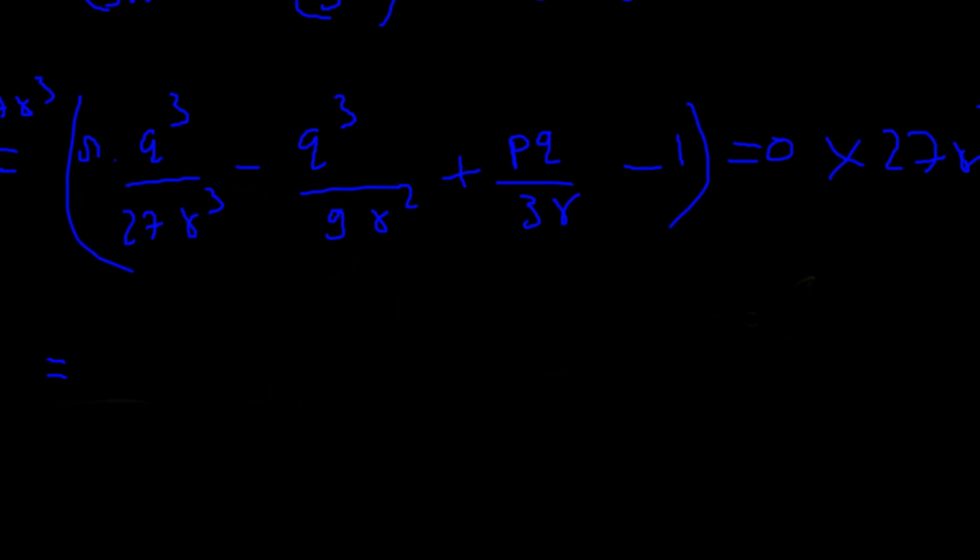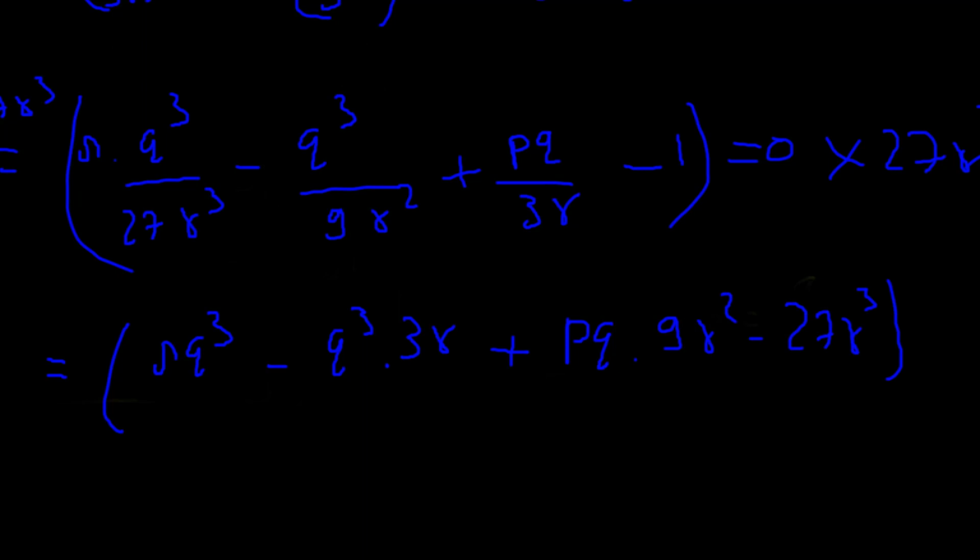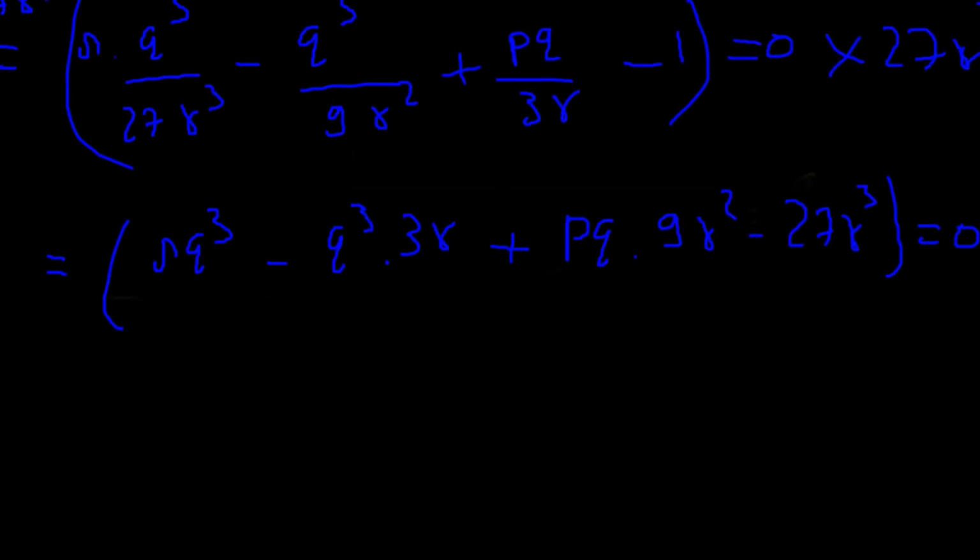By doing so, it will be r q to the power 3 minus q to the power 3, and it will be 3r pq, it will be 9 r squared minus 27 r to the power 3. Yeah, that's it.